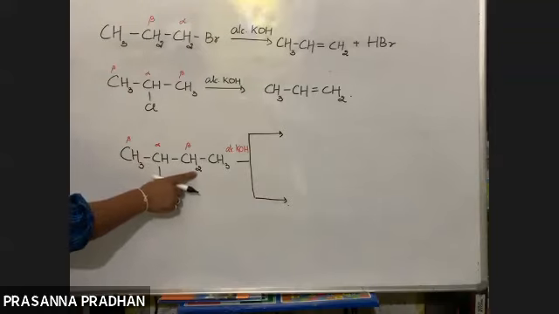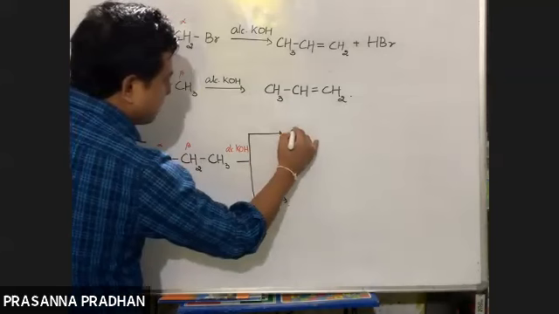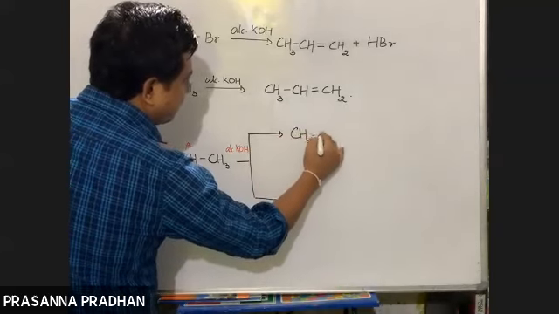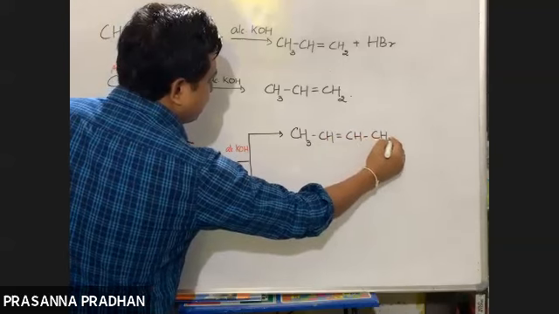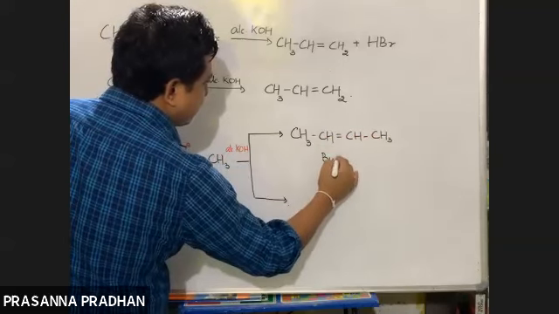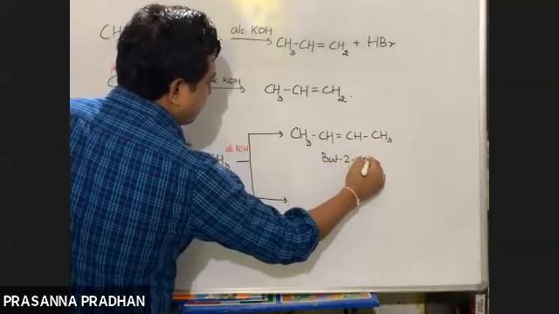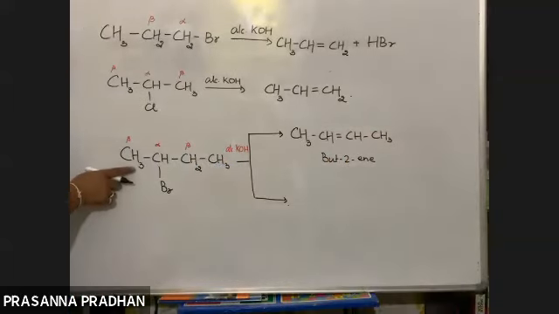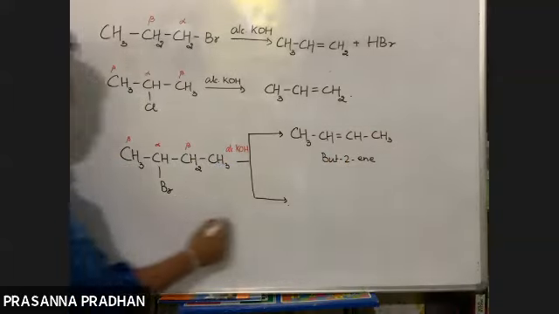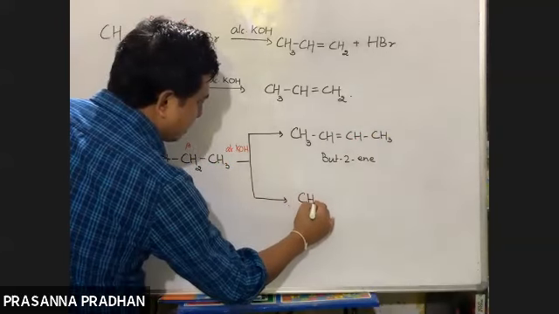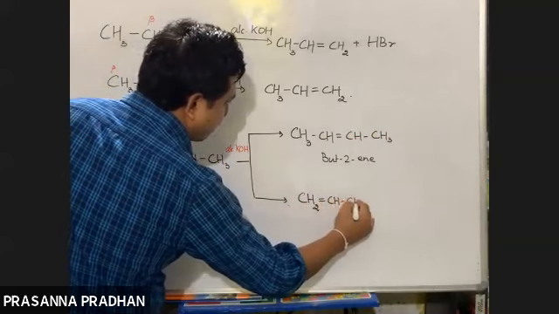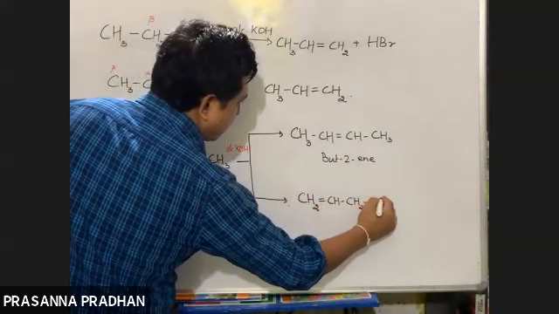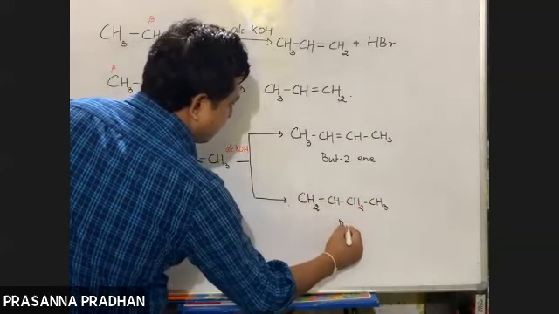One possibility is this hydrogen might get eliminated. So one possibility is we might get this product. So what is this? Butene. So if this hydrogen gets eliminated, then the double bond will come out here. Butene.